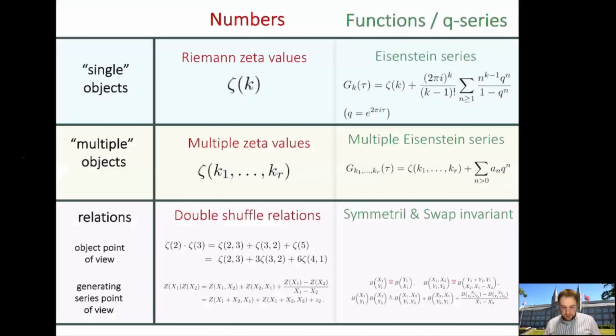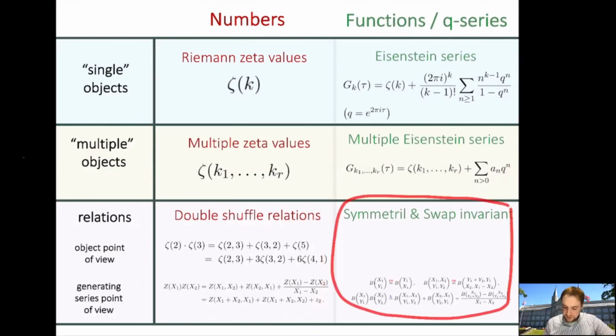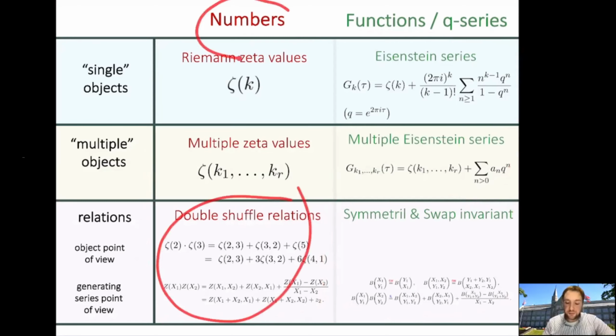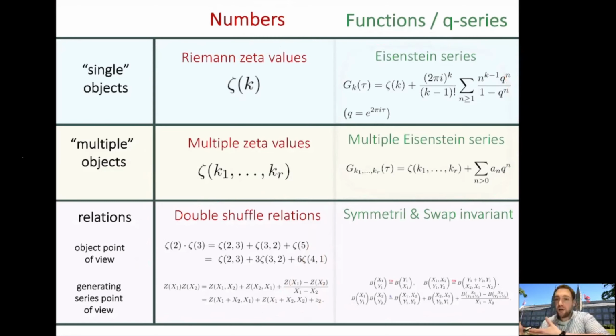But maybe this part I skip and maybe finish with this slide from the beginning. So maybe the end of this talk was a little bit fast, but I hope at least this part here was understandable, and also a little bit the part here. So we have these double shuffle relations for numbers, and these numbers have some natural functional analogs.